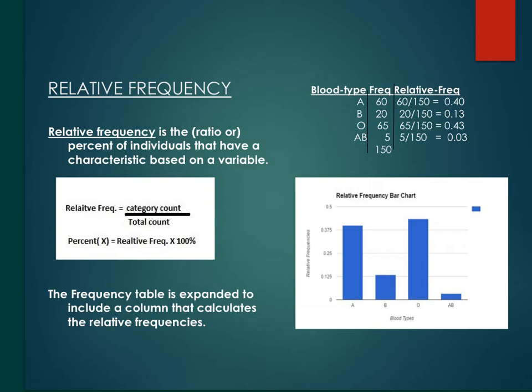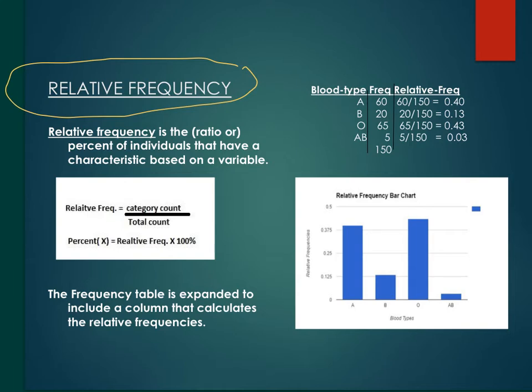We are often asked for, instead of frequency within a sample, the percentage of individuals within a sample having a particular characteristic. When we're asked that question, we go to something called relative frequency. Relative frequency is the ratio or percent of individuals that have a characteristic based on a variable.